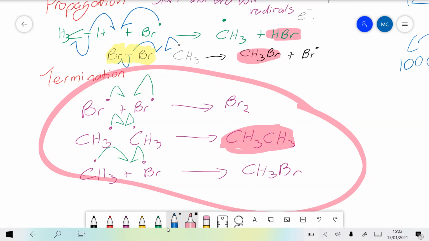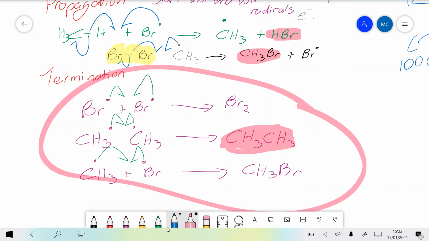So a new carbon-carbon bond is formed. And the formation of ethane is actually delayed. Delayed because in the beginning, as I said, the methyl radical is more likely to meet a bromine than it is to meet another methyl radical.